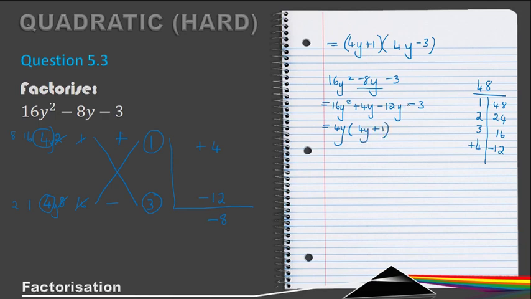From the second set of terms we can take out a negative 3, then we're left with 4y plus 1. And here we take out 4y plus 1 as our common factor, so 4y plus 1 comes out, and then what's left is 4y minus 3.